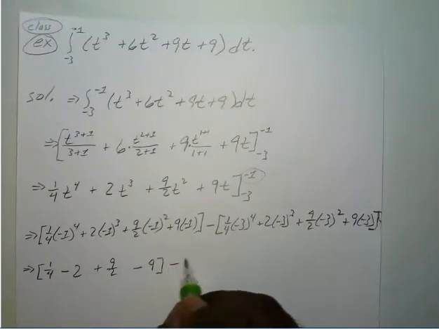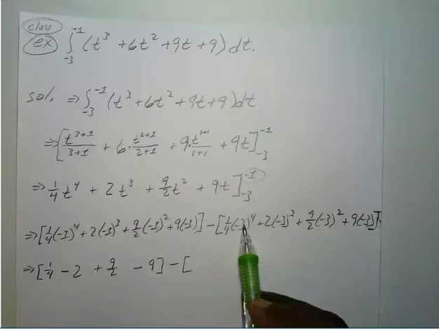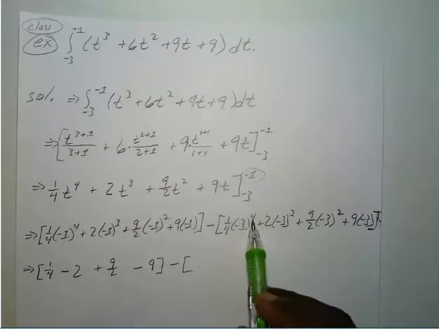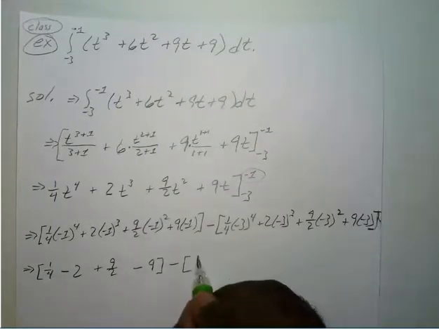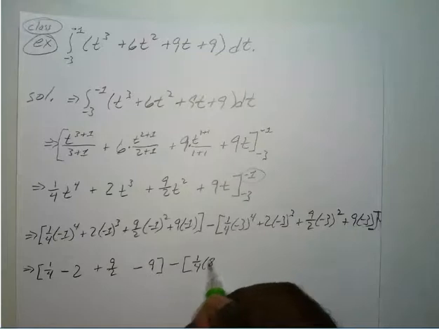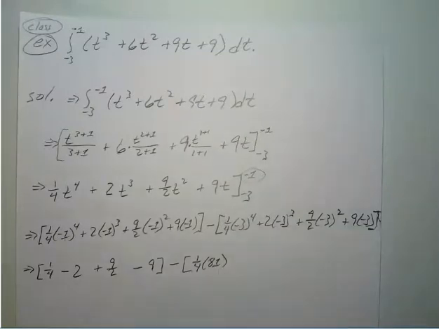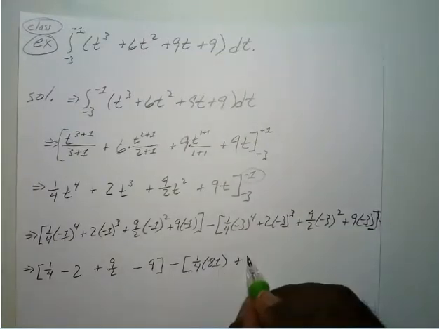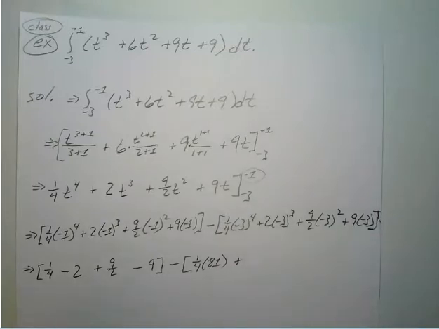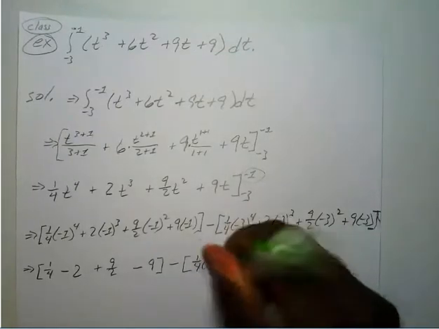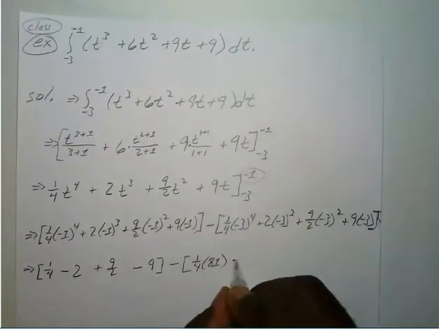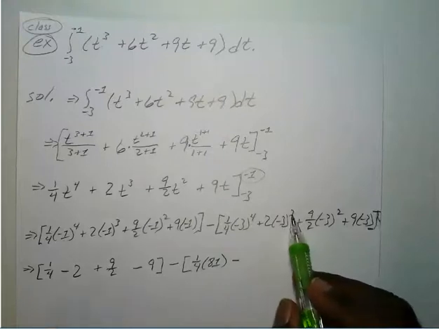Okay, minus negative 3 to the fourth power, which is positive 81. So you have 1/4 times 81, plus, well, actually this would become minus, because negative 3 to the third power is negative 27.